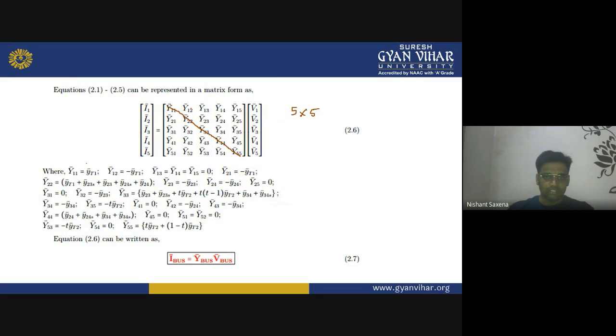I1 is equal to Y12 into V2, isn't it? So the associated element with this Y12 is what? Minus of YT1. Similarly, we can write it for all the other parameters and we will write this complete matrix as the I bus matrix is equal to Y bus matrix into the V bus matrix.